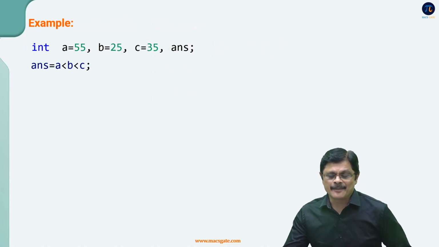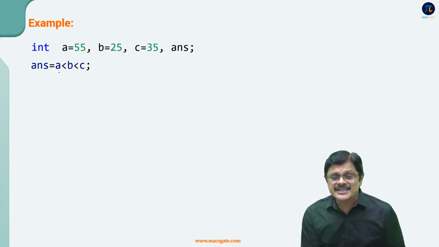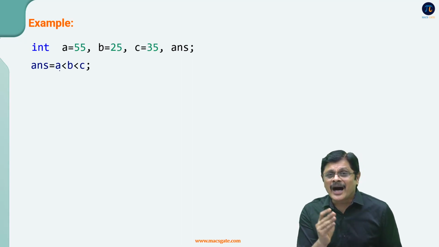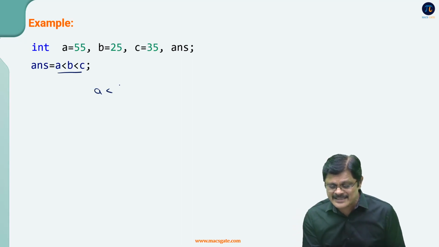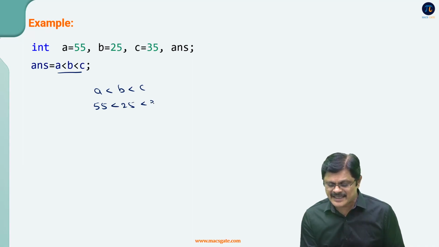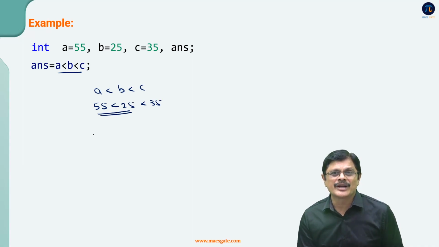Now look at this example. Because the relational operators are left to right associative, when you write a < b < c, here a is 55, b is 25, c is 35. First 55 is compared with 25. 55 < 25, false.